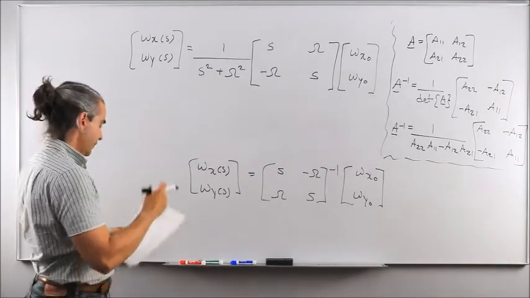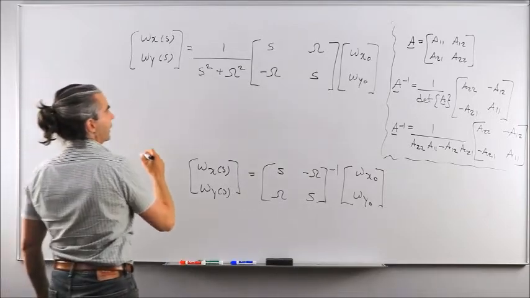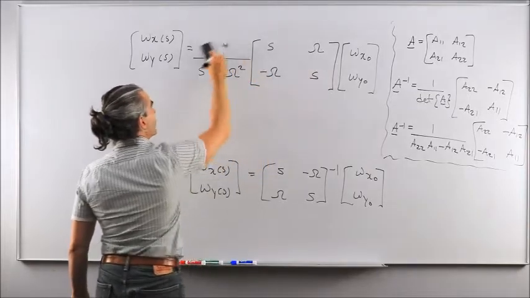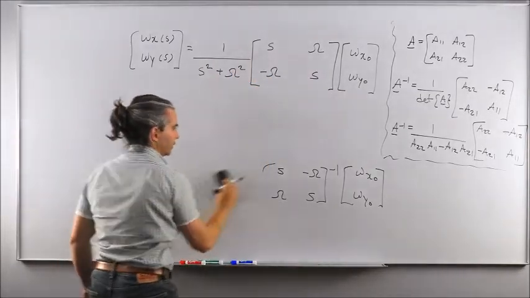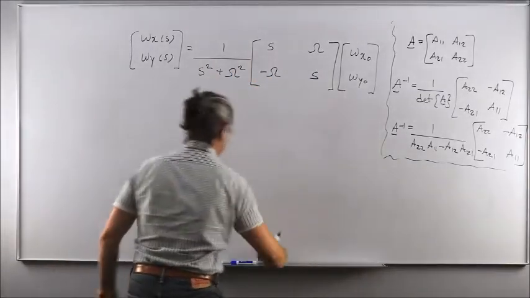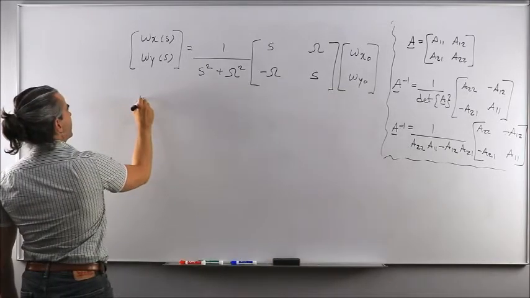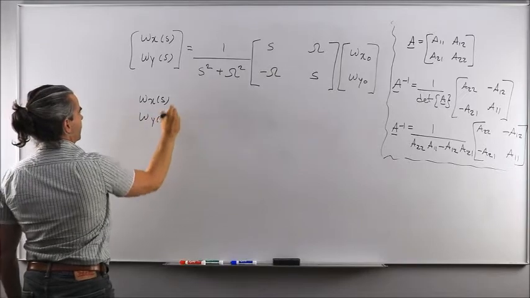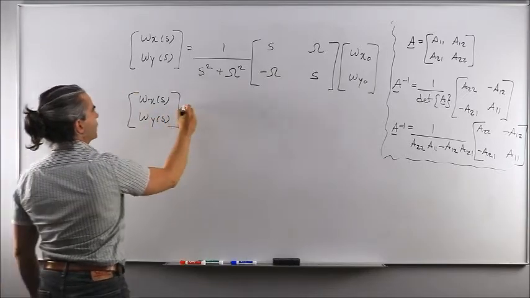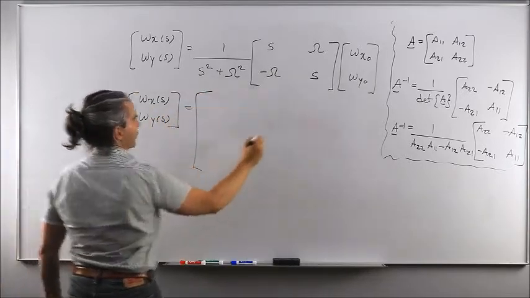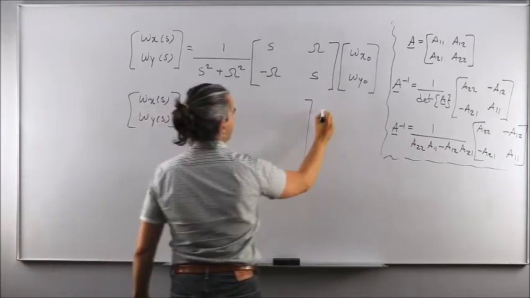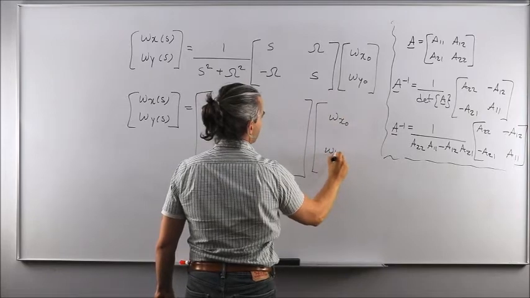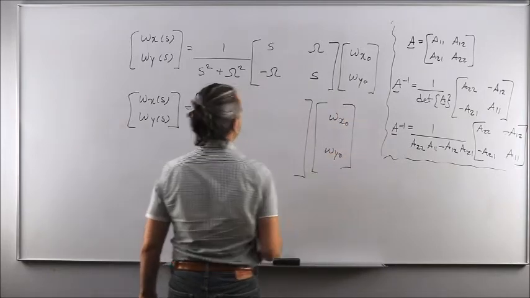Okay. The next step is to multiply what I have inside my matrix with this factor. Okay. So again, this is omega x, omega y in the S domain equal to the 2 by 2 times the 2 by 1 with constant initial conditions here.